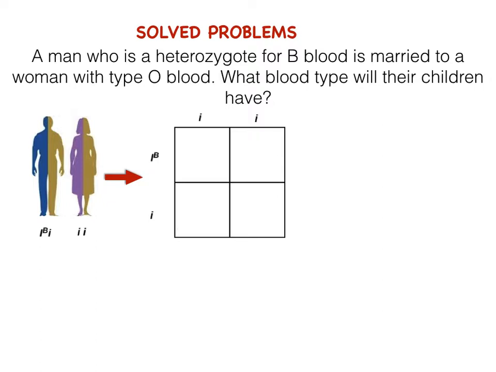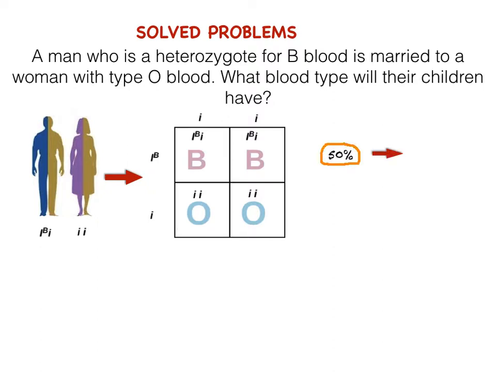First you draw those alleles and then you make a cross. IB with i gives rise to a child with B blood type, and again IB with i gives a B blood type. ii gives rise to an O blood type child, and ii again gives an O blood type child. So if they mate, these are the different possibilities of children they will have.